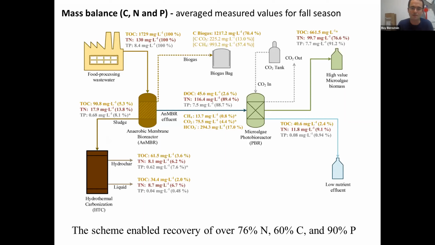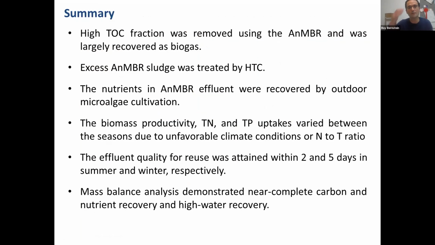And altogether, this scheme enabled us to recover over 76% of the nitrogen, 60% of the carbon, which can be much higher if we consider also all the CO2 that we can produce and recover to the PBR, and above 90% of the phosphorus.